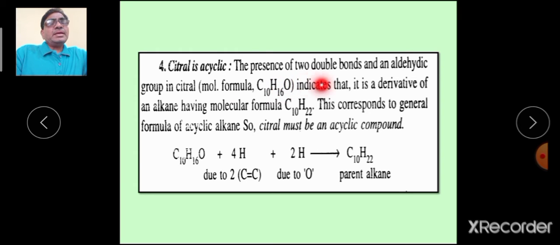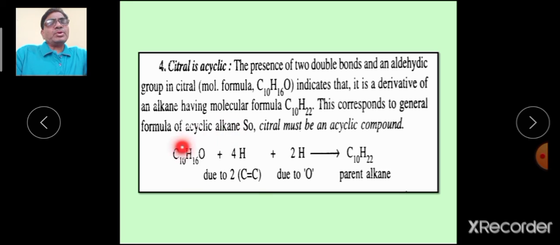It indicates that it is a derivative of an alkane. What is the formula of alkane? CnH2n+2, with n equal to 10, and therefore C10H22. This is the general formula of an open chain alkane.